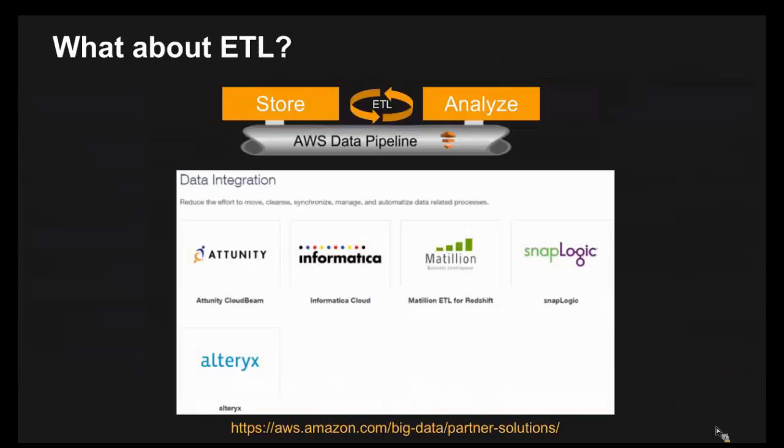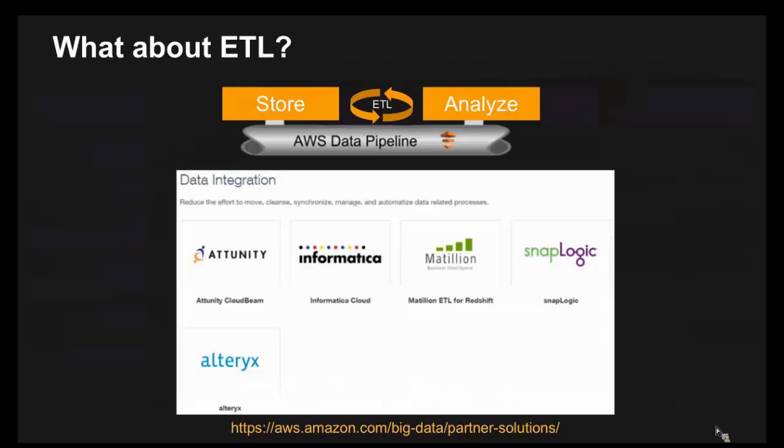Moving on to ETL, AWS Data Pipeline is a service that enables you to do ETL, and under the covers it can run an EMR cluster, process the data, and shut down the cluster. In addition to that, customers are using third-party applications, partner applications that we work closely with, such as Informatica, Attunity, and Matillion.